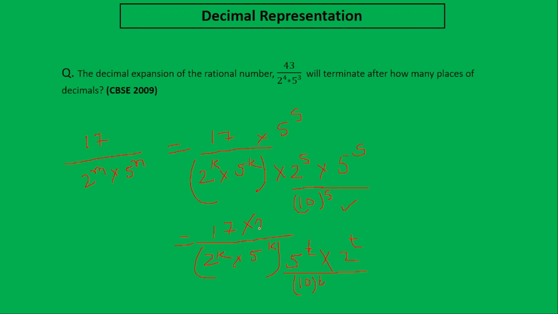So you will come to know how many powers of 10 are in the denominator. So you can convert that into decimal. Ultimately we need to find how many powers of 10 are there in the denominator, and accordingly we can answer the decimal expansion of the rational number.